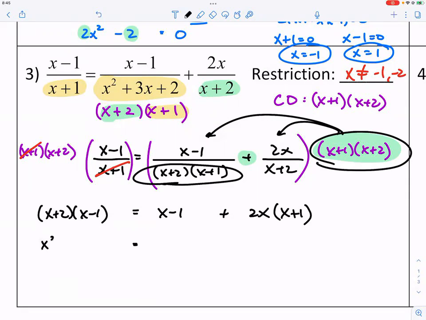So on the left, you have x squared plus 2x minus x minus 2. And then on the right, you have 2x, x minus 1 plus 2x squared plus 2x. And you have this on the left.